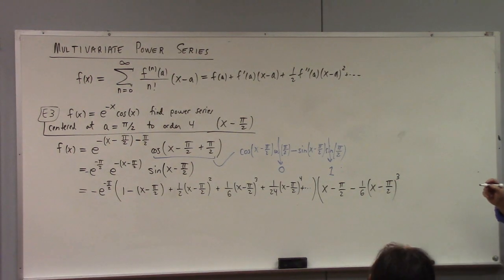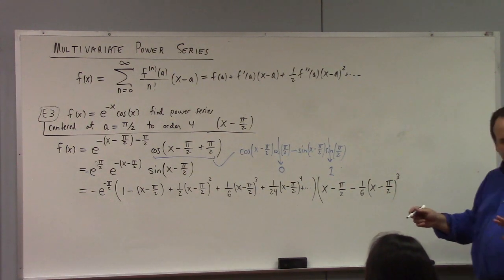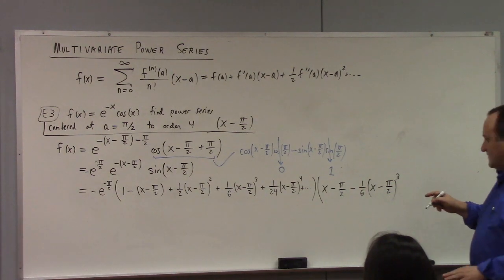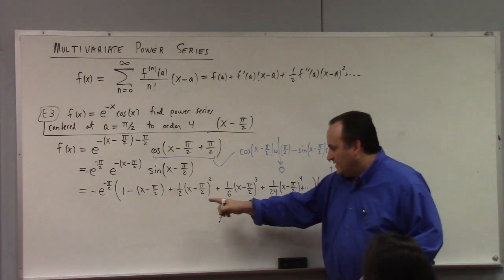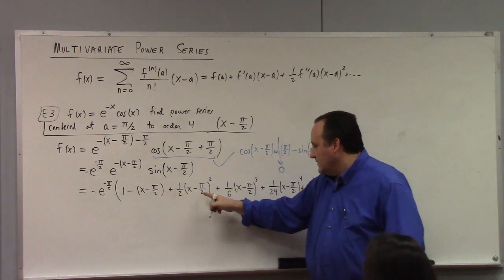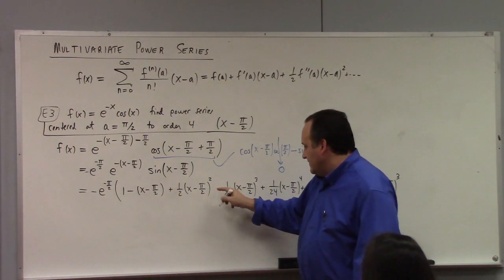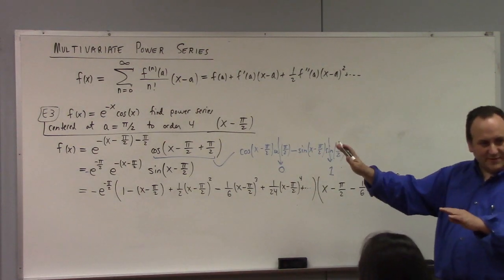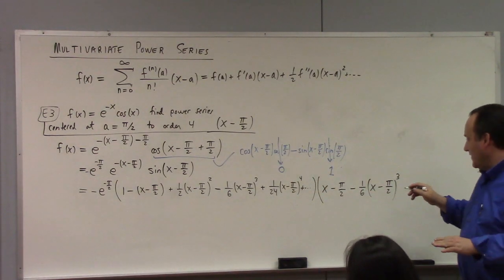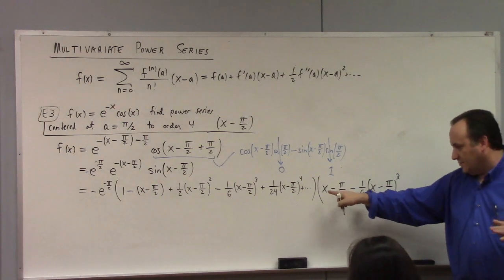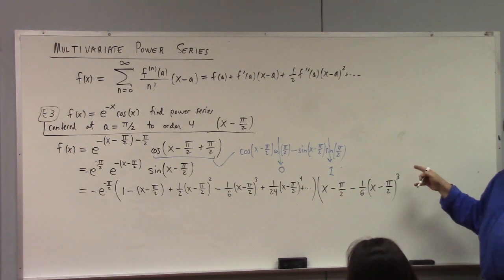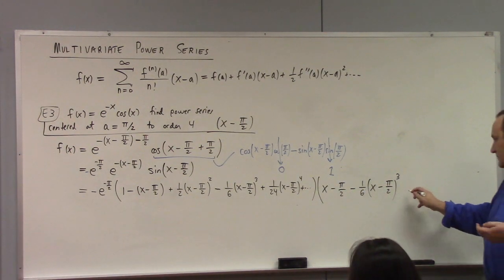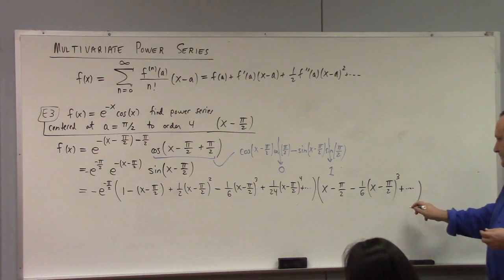Wouldn't it oscillate between negative and positive? Oh yeah, I missed a minus. That was supposed to be minus plus. Thank you, very helpful. Now over here, this is the plus, then that's the minus. The next is order 5, so we can drop that.